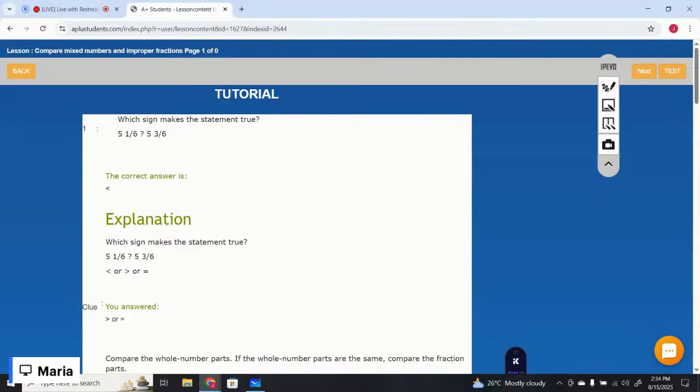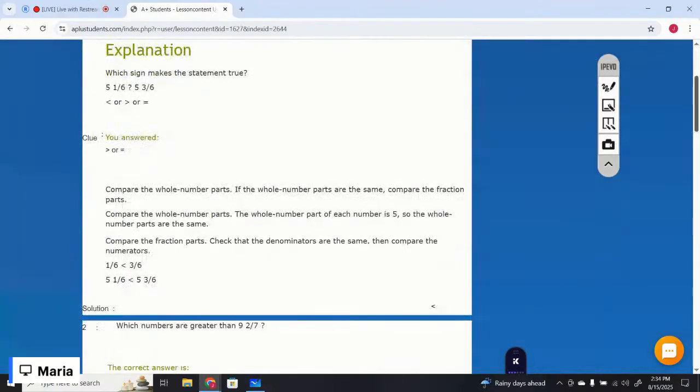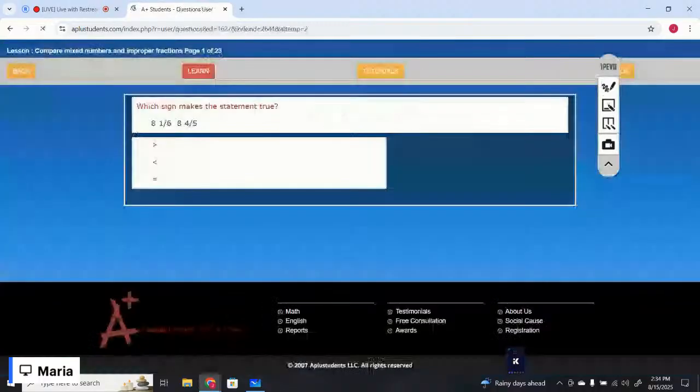Just look at their whole number part. That is 5, right? You just need to compare 1 by 6 and 3 by 6. So 1 by 6 is less than 3 by 6. So 5 whole 1 by 6 is less than 5 whole 3 by 6. Let's just start with the test questions.